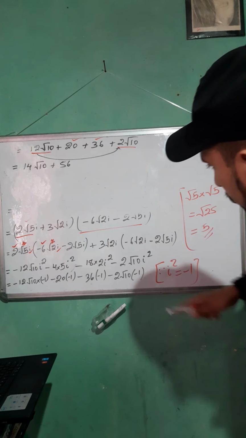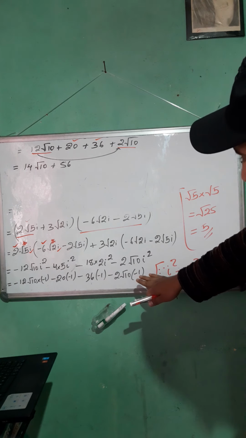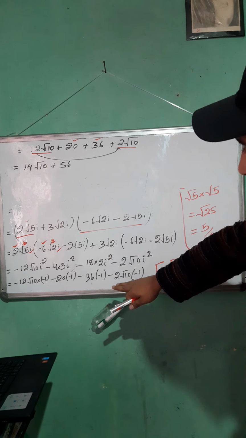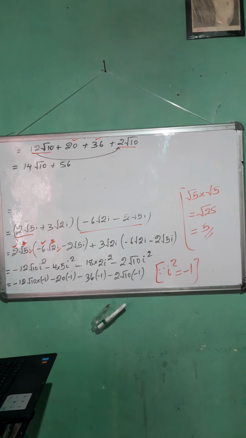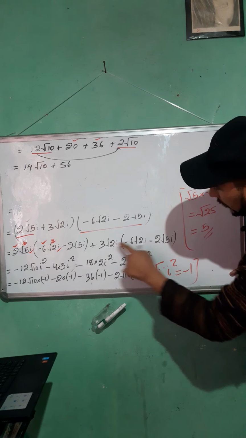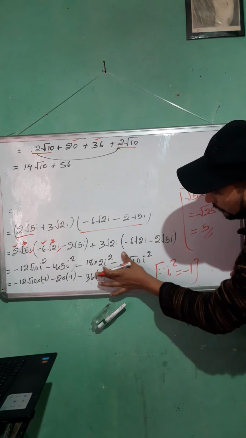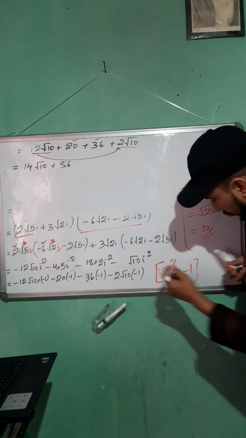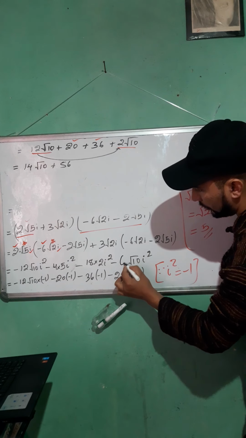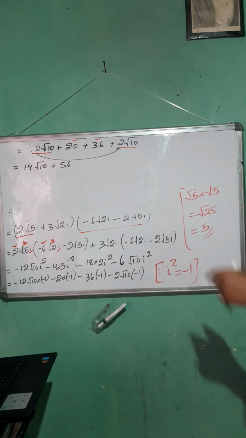Let me check. Okay, so I have made a mistake out here. See, this 3 2s are, it will be 6. This is 6. You do the correction out there. Hope you have already done it, because you can see the board clearly.